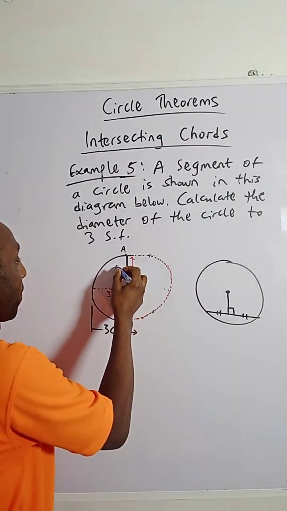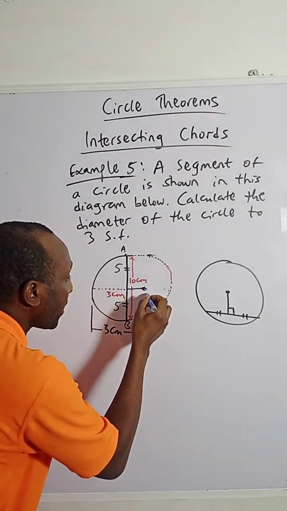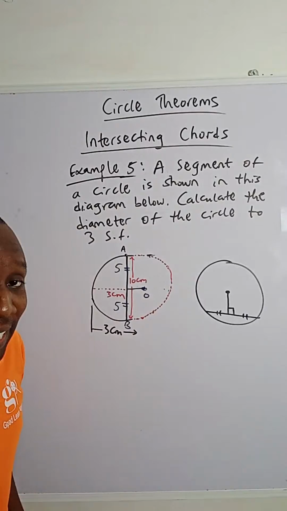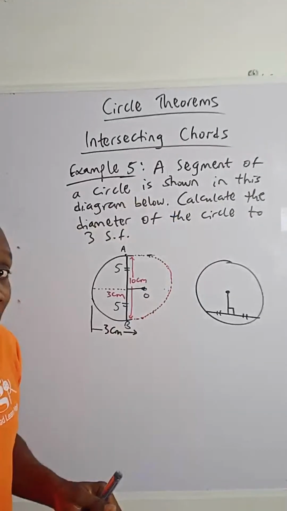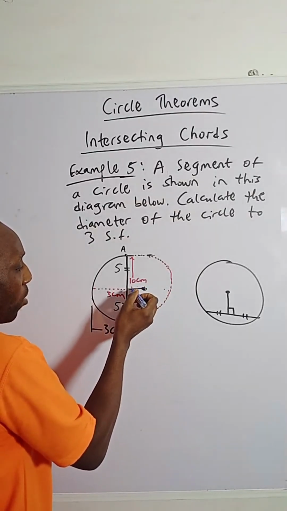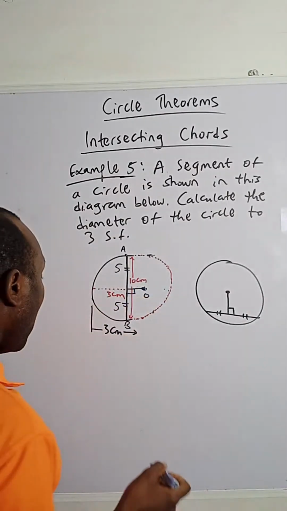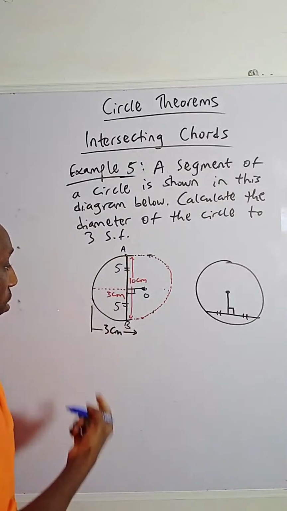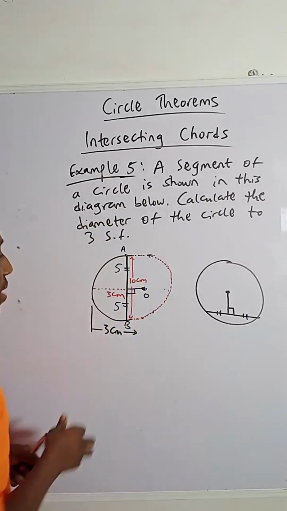So this will be 5 and this will be 5, because this line from the center O has bisected the chord. From A to B, the chord is 10 centimeters, but because the line from the center forms a 90 degree angle to the chord, it's going to bisect the chord. So we have 5 here and 5 here.